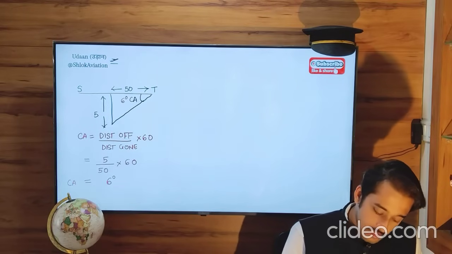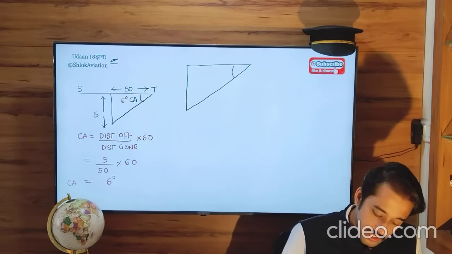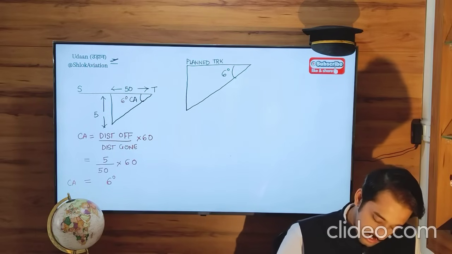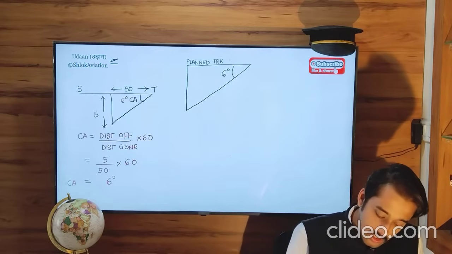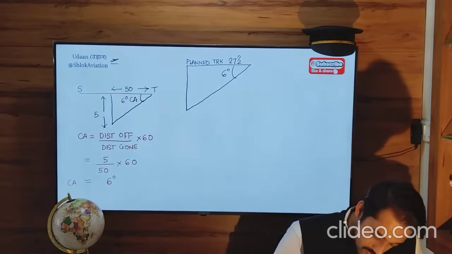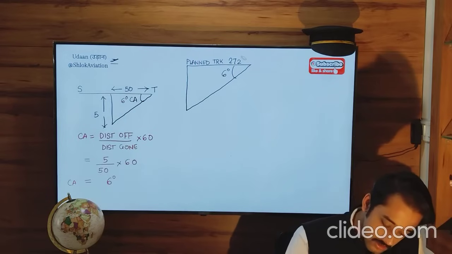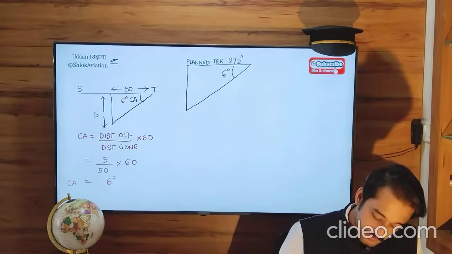So let's redraw this triangle over here. So if this is your 6 degrees, and the planned track direction is given, 272 degrees.